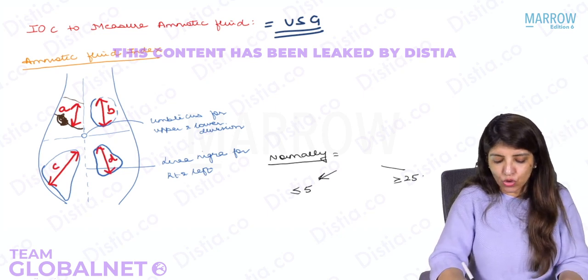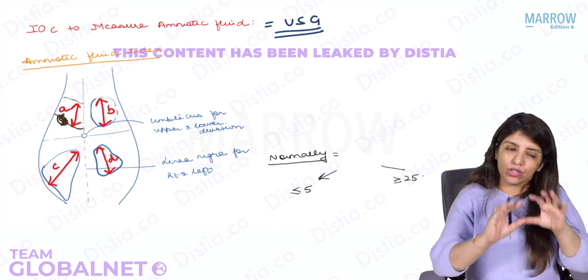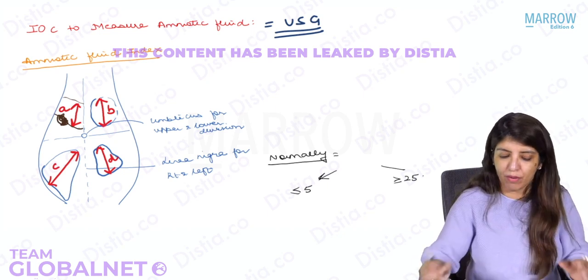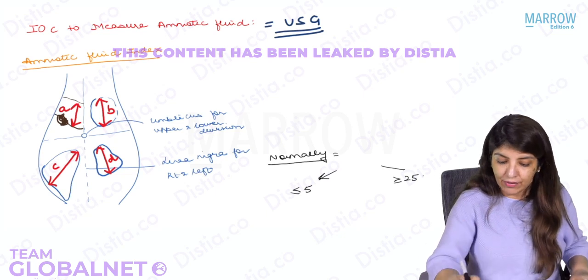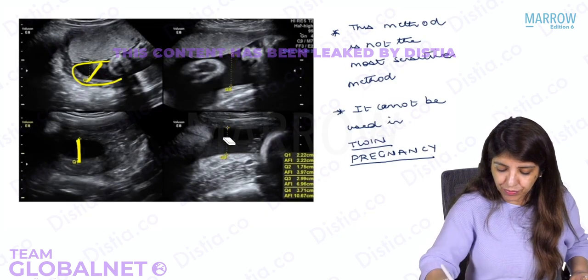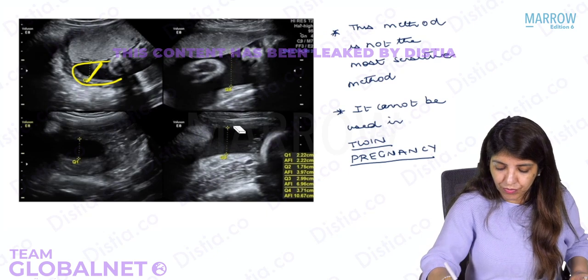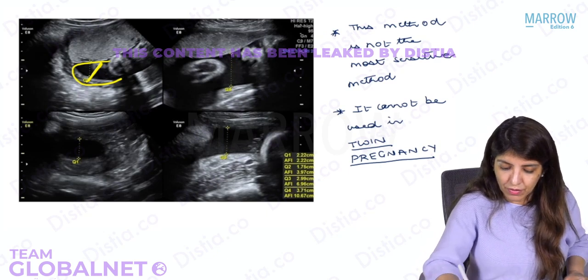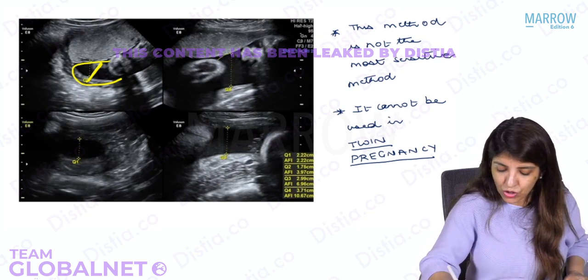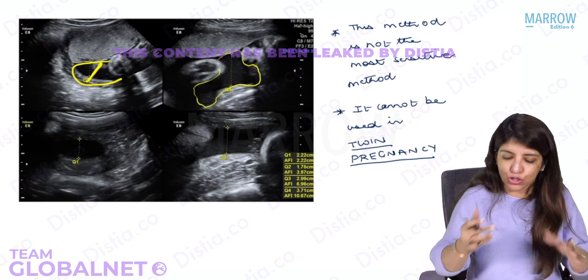So in each quadrant, amniotic fluid is going to appear in the form of pockets, right? So can you see this? Right? So this is what is amniotic fluid. Fluid is always going to appear black to you, right?